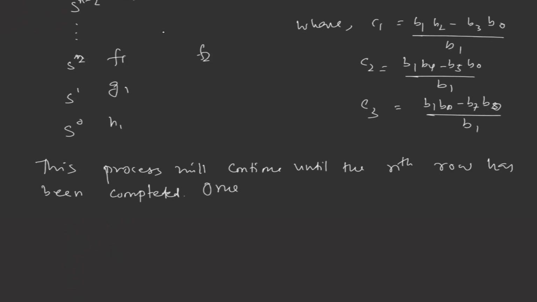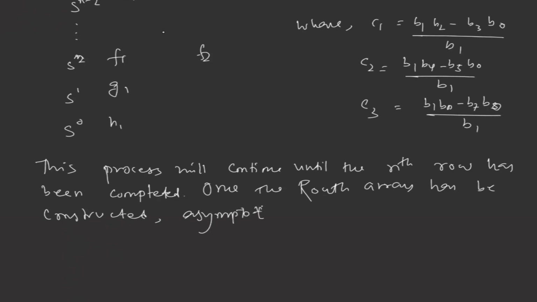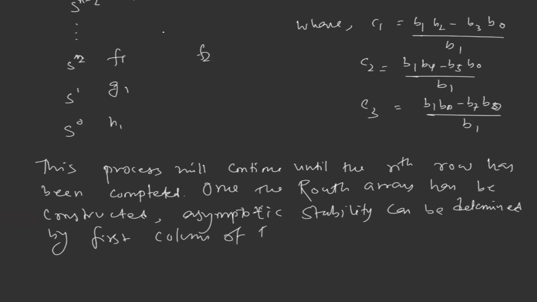Once the Routh array has been constructed, asymptotic stability can be determined by the first column of the coefficients.